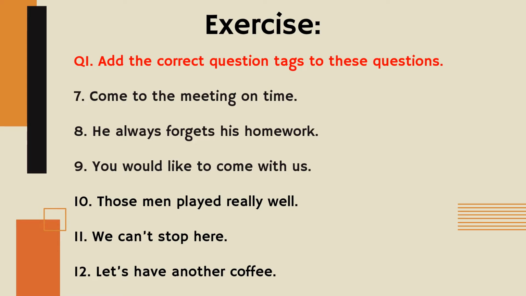Ninth one is you would like to come with us. 10th one is those men played really well. 11th one is we can't stop here. 12th one is let's have another coffee. So sentences are given and you have to add the correct question tag to each of this sentence.